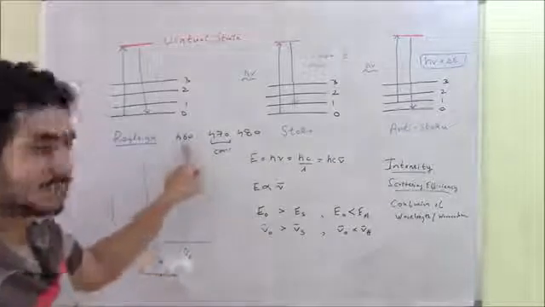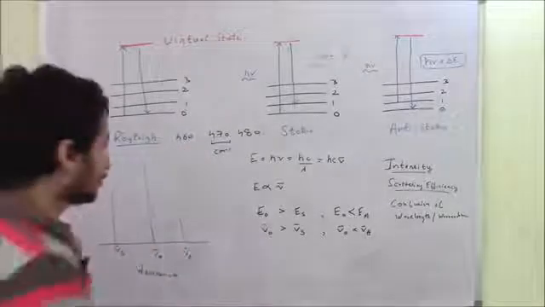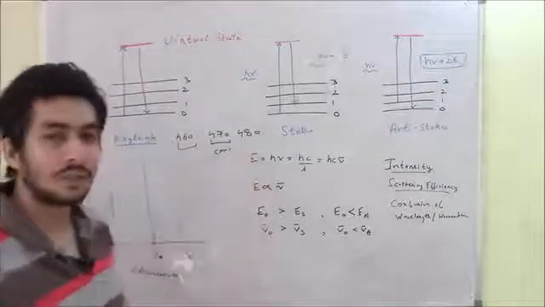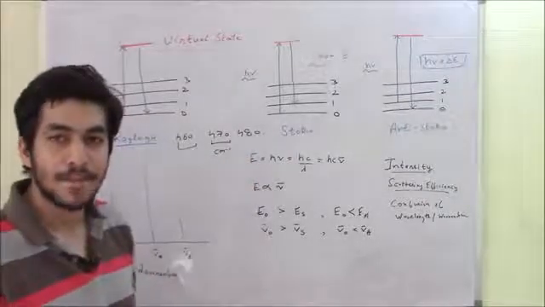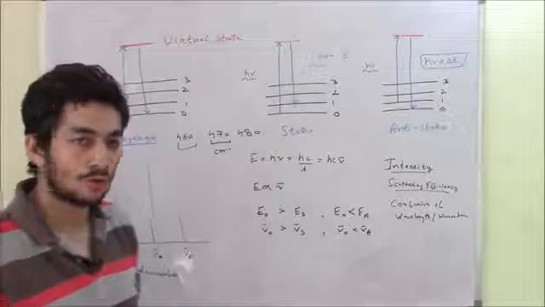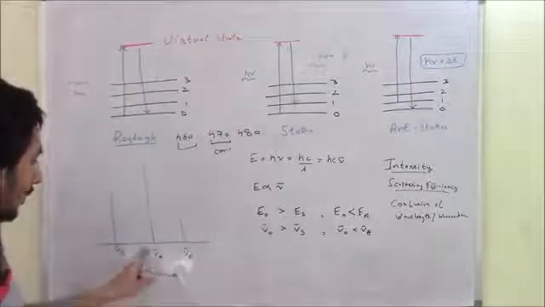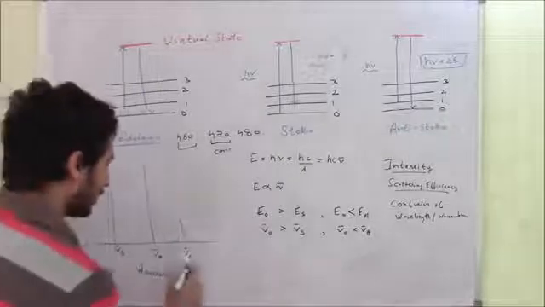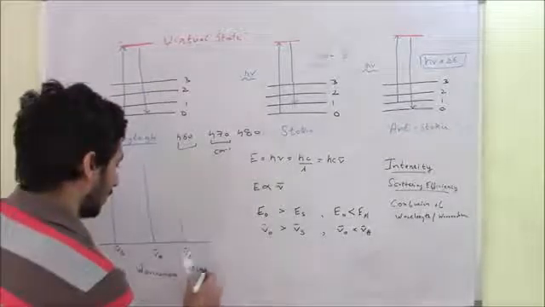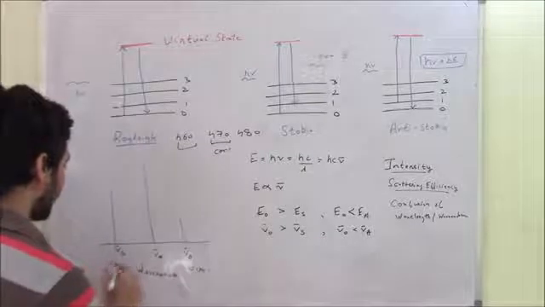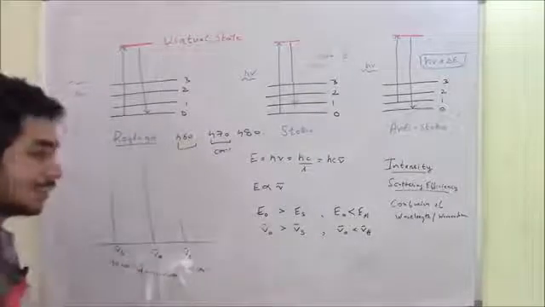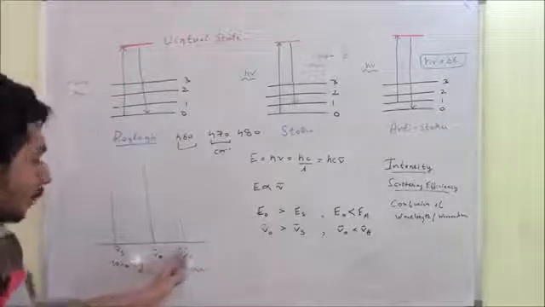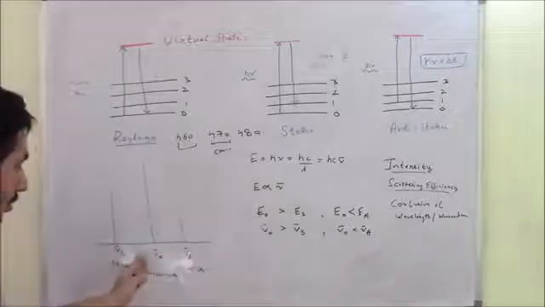Then 460 will be the wave number for the Stokes photon, and 480 will be the wave number of the anti-Stokes photon, right? So we take the Rayleigh to be 0, and we write 10 centimeter inverse on one side and minus 10 centimeter inverse on the other. So this is in reference. We don't write 470, 480, 490, 500. We just show minus or plus.